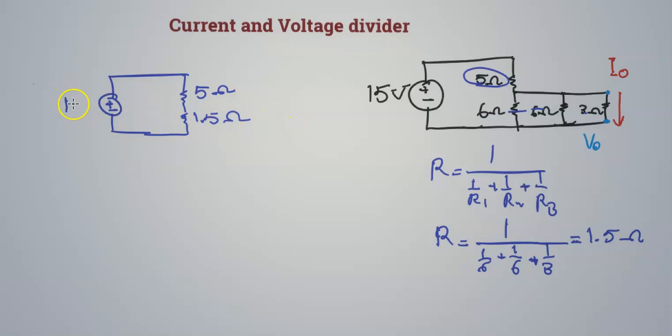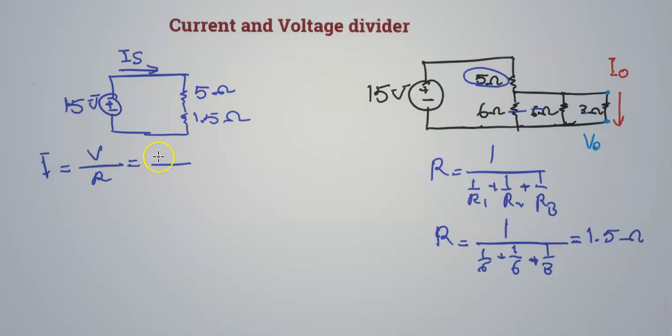And if I write the voltage source, we are looking for the current, and you can simply use Ohm's law, which says I equals V over R, and R is the total resistance.